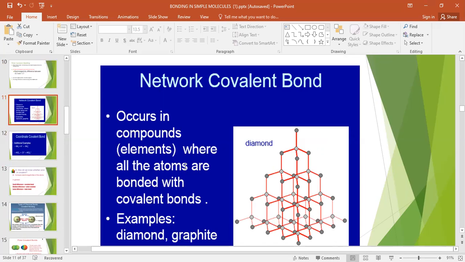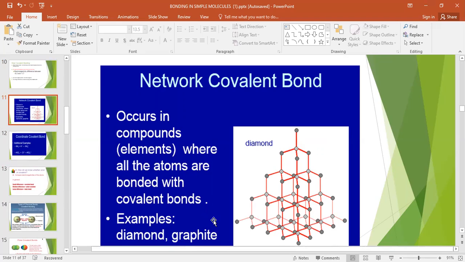Now, network covalent bond. What do you understand from network covalent bond? Many carbon atoms join together, not one bond, sharing of one electron, sharing of two electrons, or many electrons; it occurs in a compound or element where all the atoms are bonded covalently.